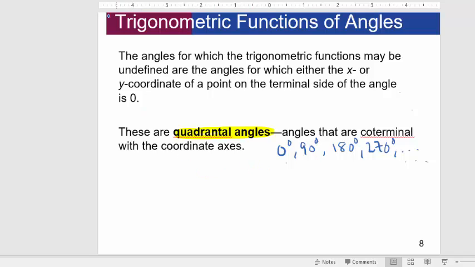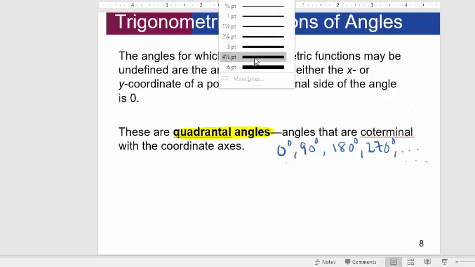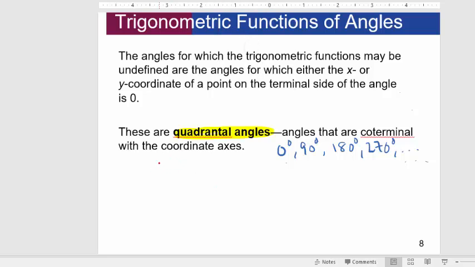So if we draw a picture for these angles, let's say we have our axes. Let's take a look. If you have 0 degrees or 360 degrees, you can't even form the right triangle.